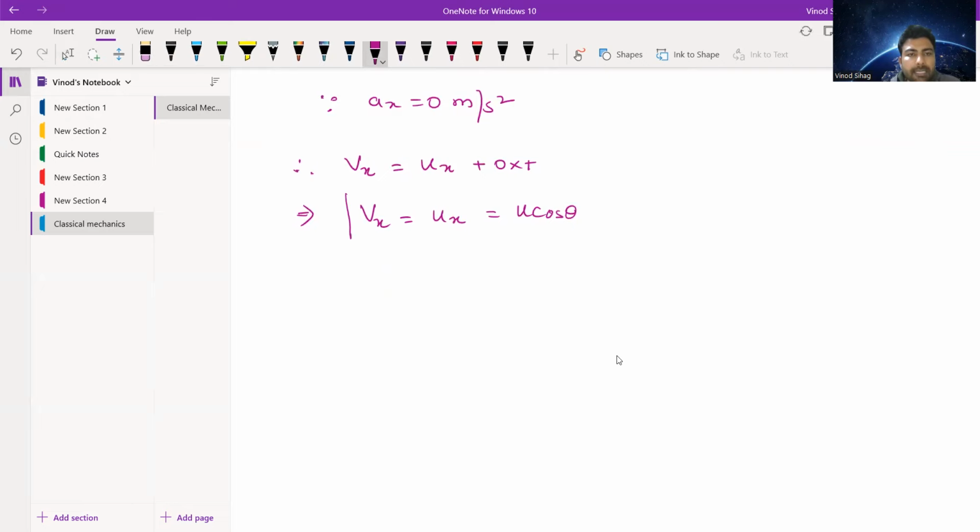So the velocity in the x direction is not going to change. If it is not going to change, then it does not depend on the other factors.